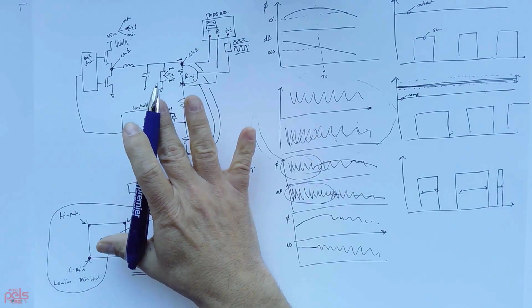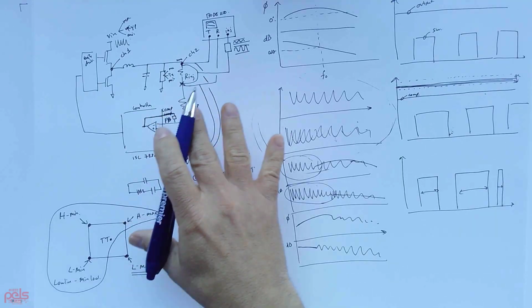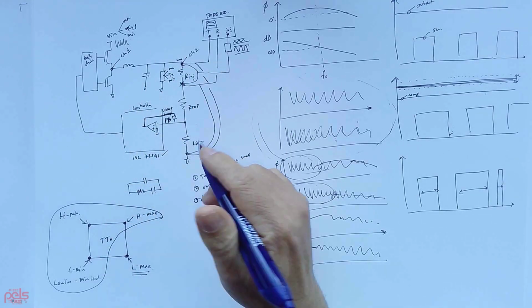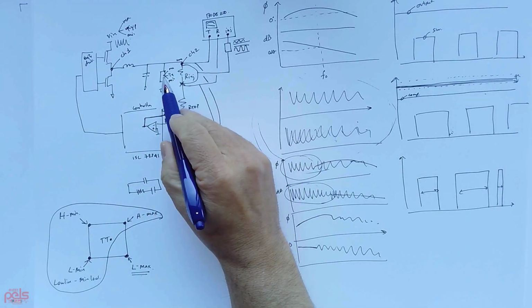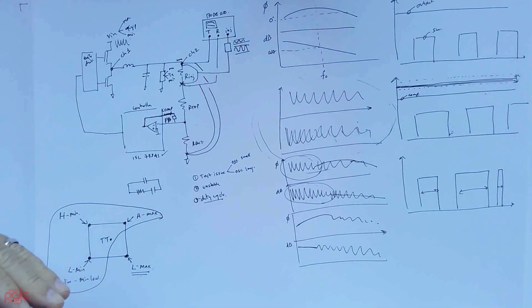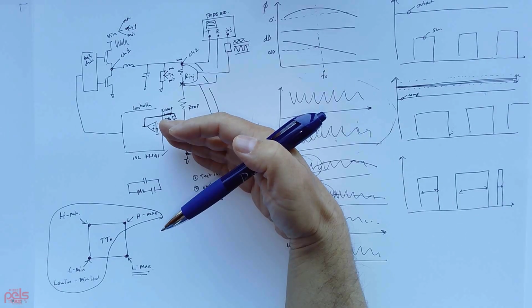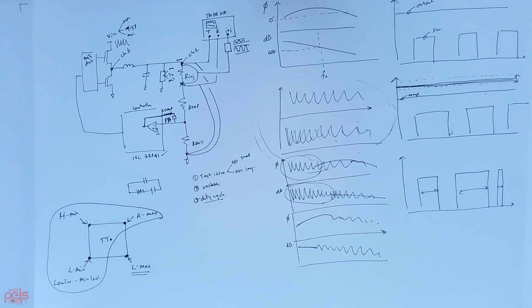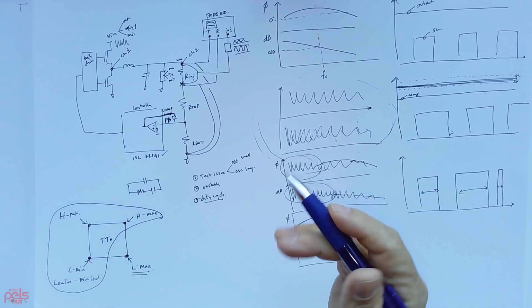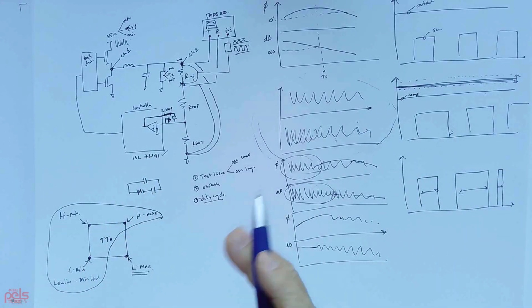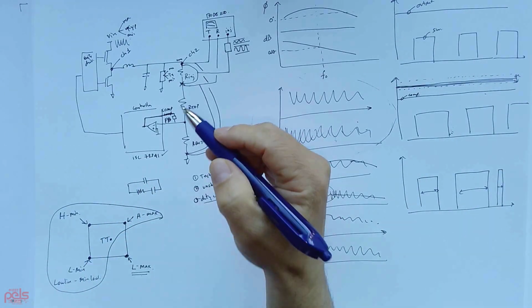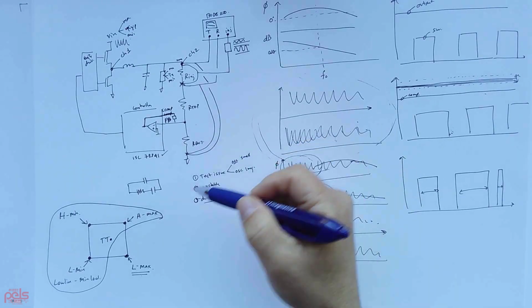If I'm running open loop, I don't have negative feedback to be able to do that. And if the load becomes a step all of a sudden, the power supply will not be able to react in a timely manner to address that step. So those are some of the implications of running open loop.